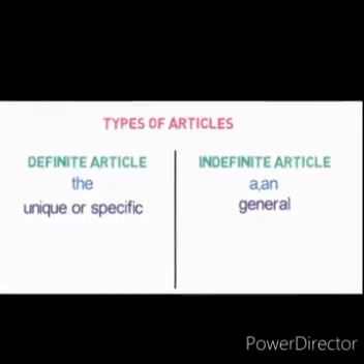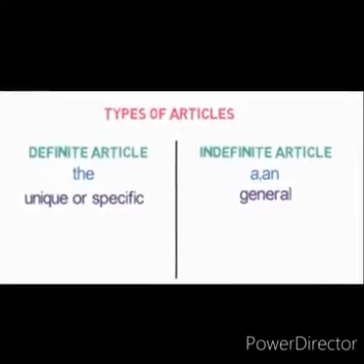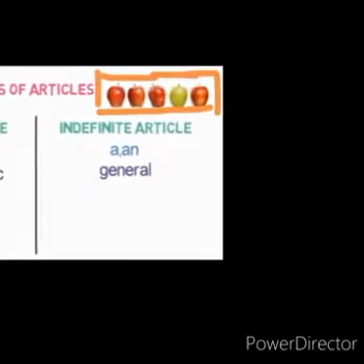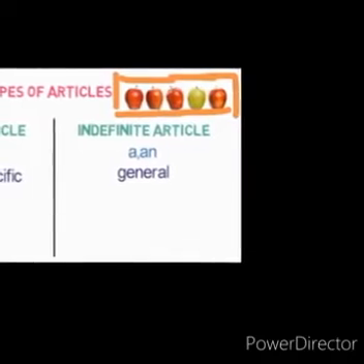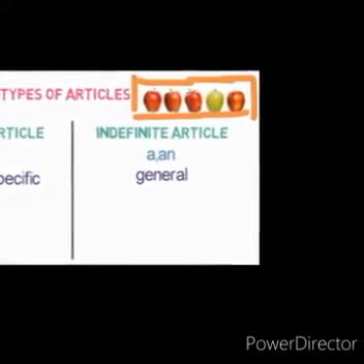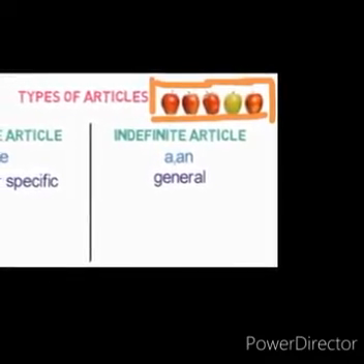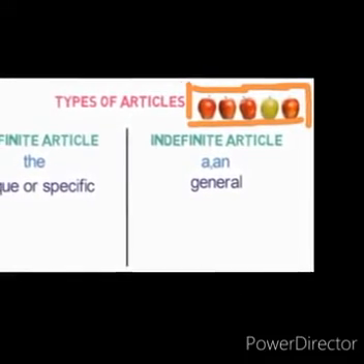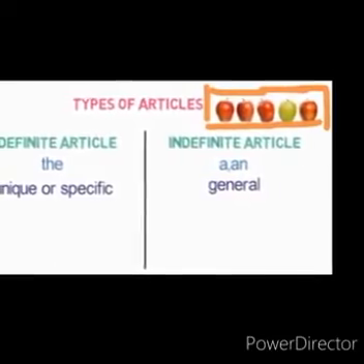Now let's understand this with an example. Suppose there are apples in front of you, and you're given a choice to eat one of them, and you want to eat any one from it. Then what will you say?